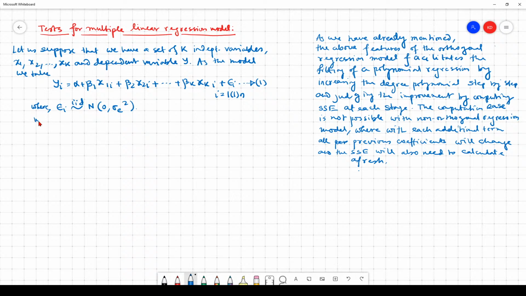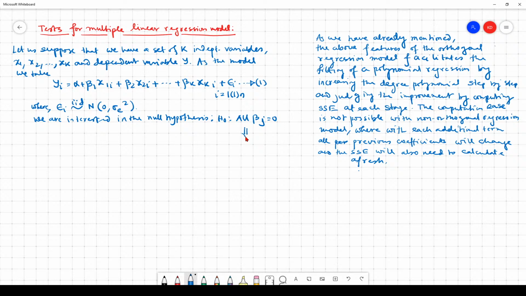We are interested in the null hypothesis H not: all beta j equal to 0.